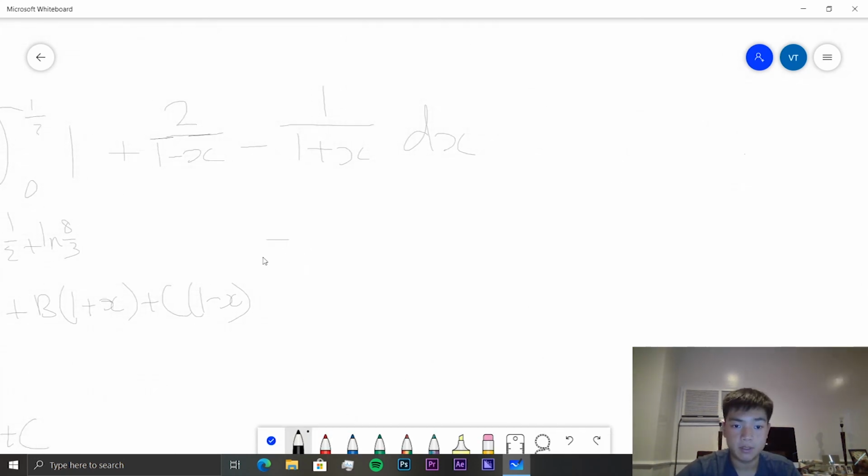So this is equal to the integral from 0 to 1/2 of x minus 2 ln(1 − x) minus ln(1 + x).